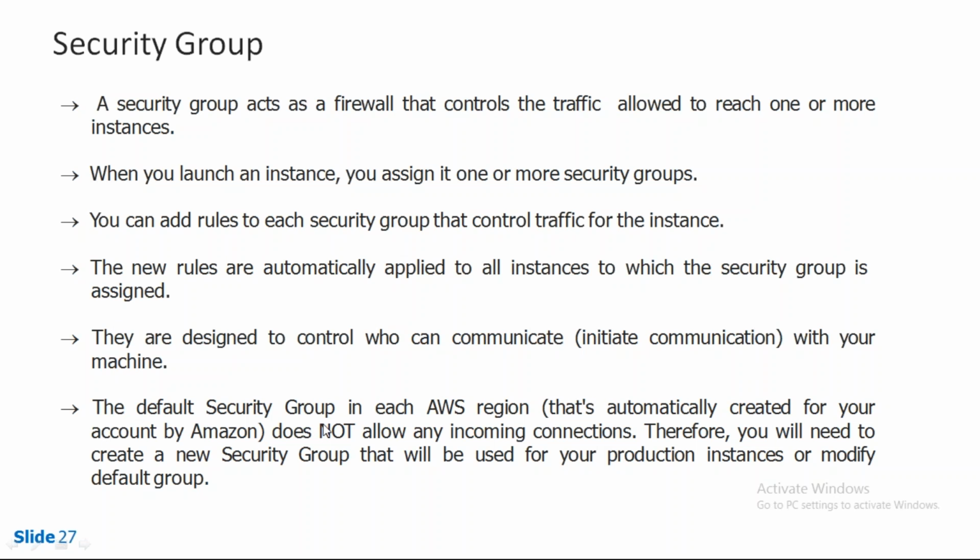The default security group in each AWS region that Amazon automatically creates for your account does not allow any incoming connection. So that's what we have seen. There will not be any inbound rule set by default. Whenever you need to communicate with your EC2 instance, you have to set an inbound rule, and only then can you do that.